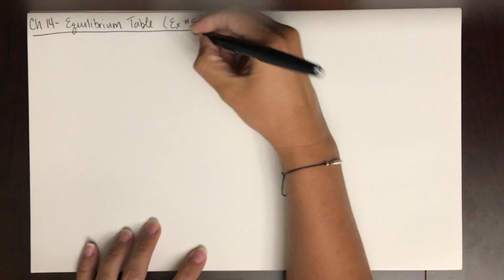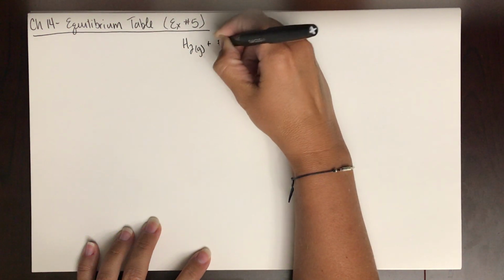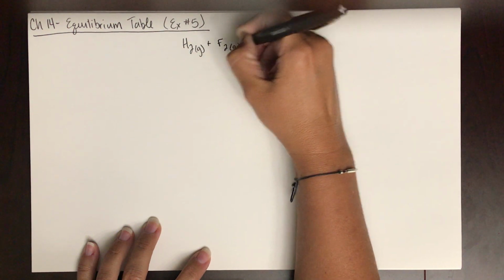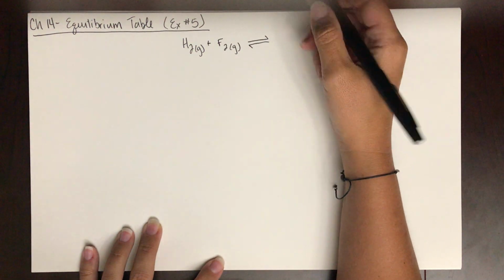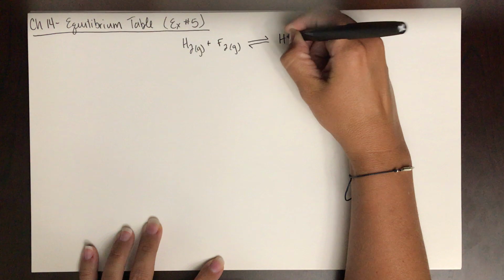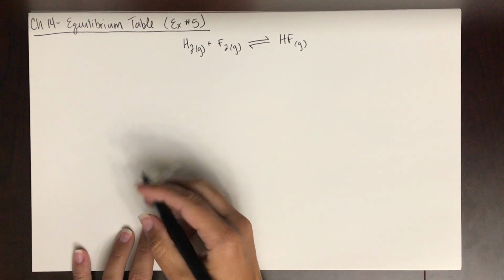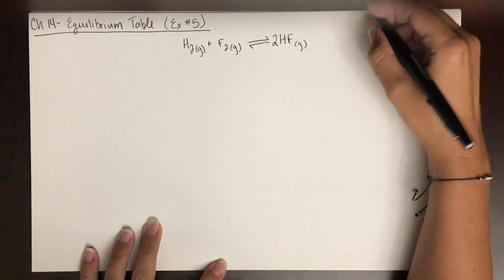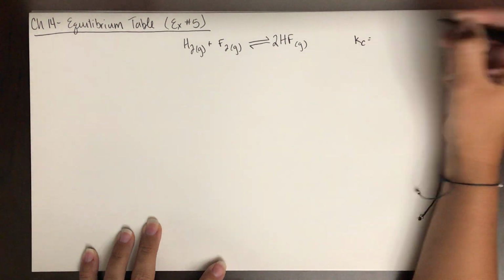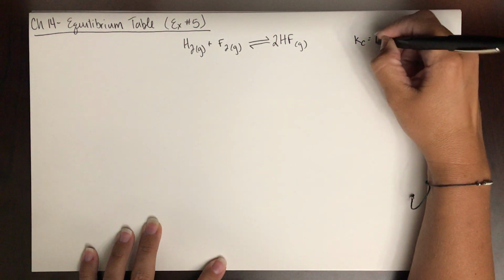The formula is hydrogen gas plus fluorine gas is in equilibrium with hydrogen fluoride gas. Again, you always need to make sure that the formula is balanced. Now it is. And we're told in the problem that the Kc of this reaction is 115.